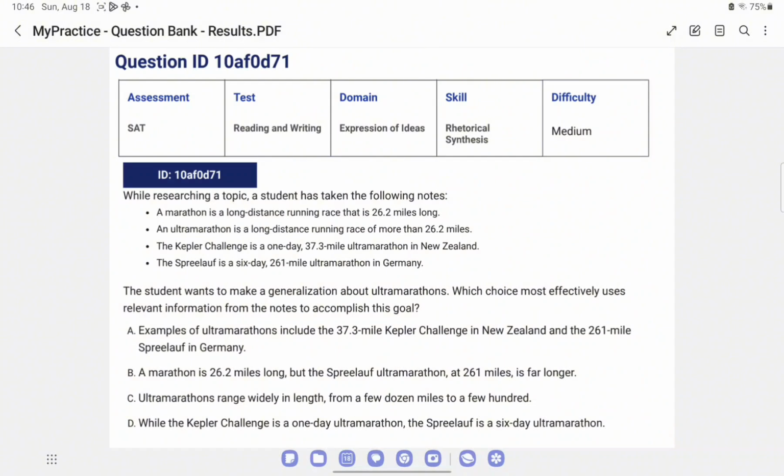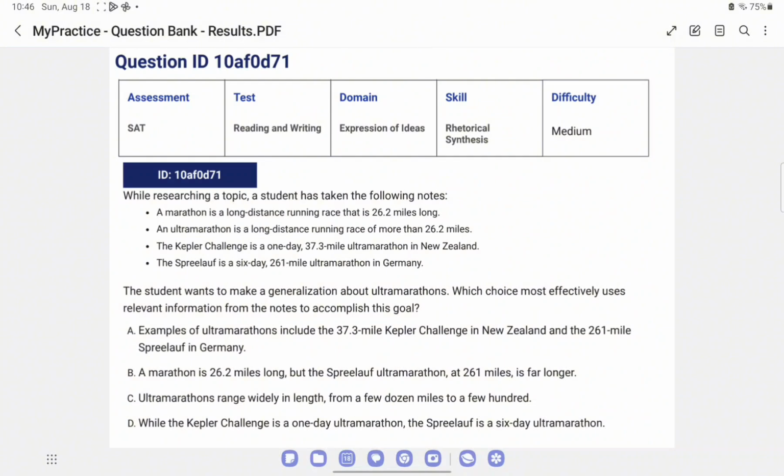No, it's not generalizing. C: Ultra marathons range widely in length, from a few dozen miles to a few hundred. I think it's C. D: While the Kepler Challenge is a one-day ultramarathon, the Spreeloff is a 6-day ultramarathon. That is not generalizing. That is saying the difference between two ultramarathons.